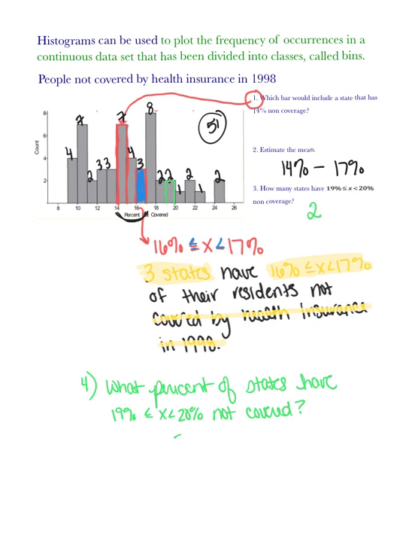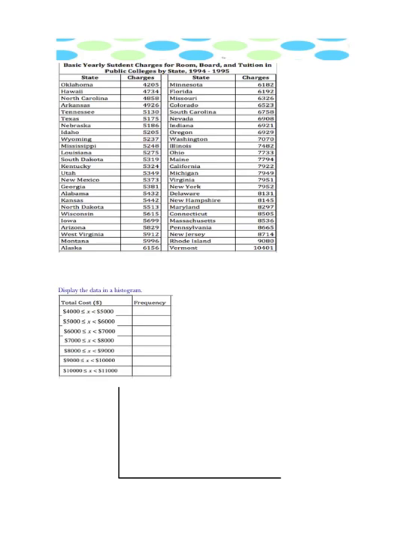Well, then I would have to take the 2, the frequency, and divide by 51. And so then I would get that percentage, and 2 out of 50 would be 4%. So I'm going to say it's about 4%. It's going to be a little less than that, but it's about 4% because I know 2 out of 50 is 4%.